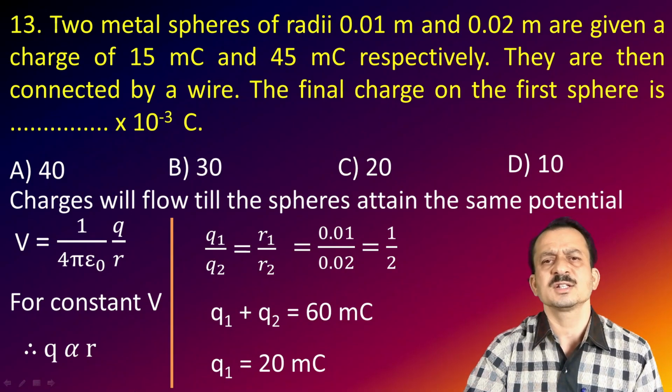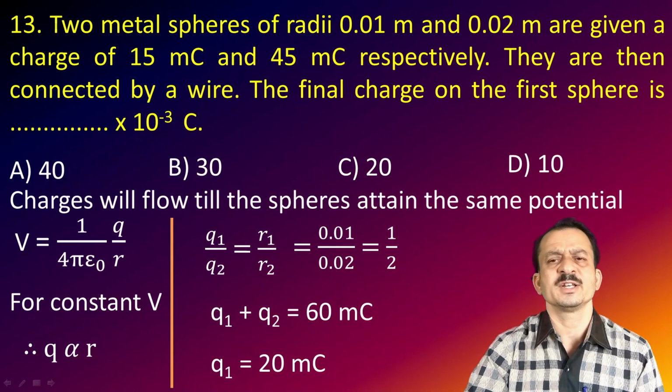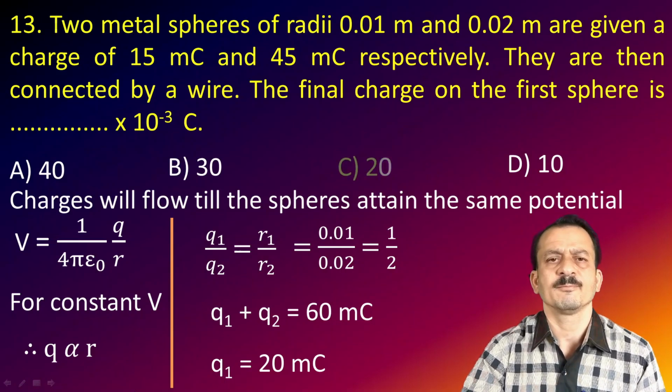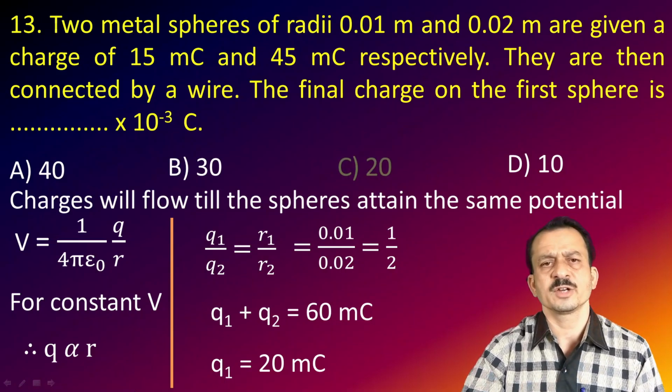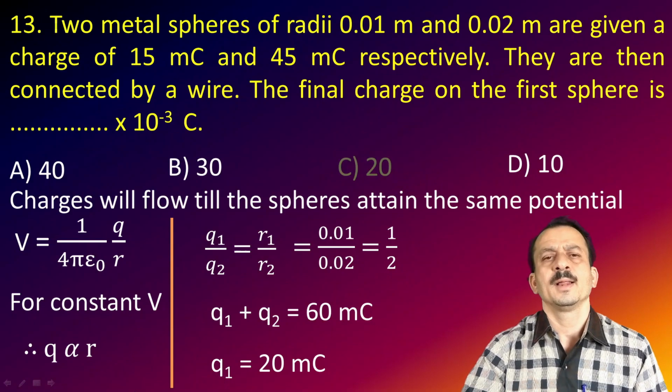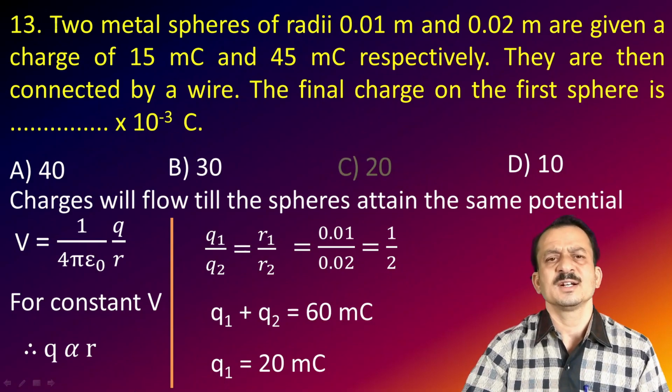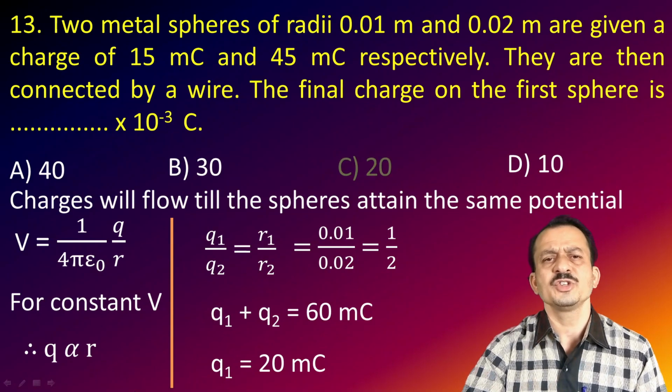Therefore, the charge on the first sphere is C, 20 millicoulomb. One thing you should remember: the two spheres share the charges until the potential of the two spheres becomes the same.